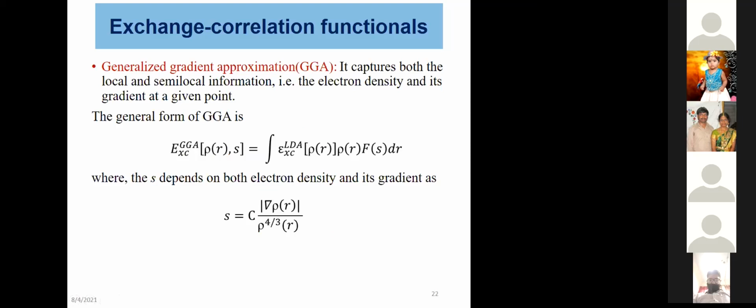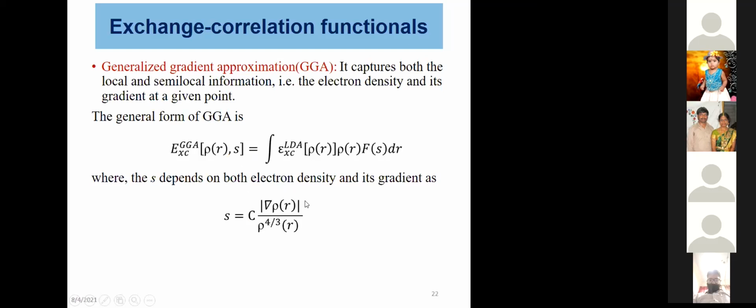If we look at the expression for the GGA, it has the exchange correlation term which is coming from LDA, dependent on density. And also we have an F_s term, a factor term, and this factor term is composed of the electron density rho to the power of 4/3, and also a term for the gradient of density.